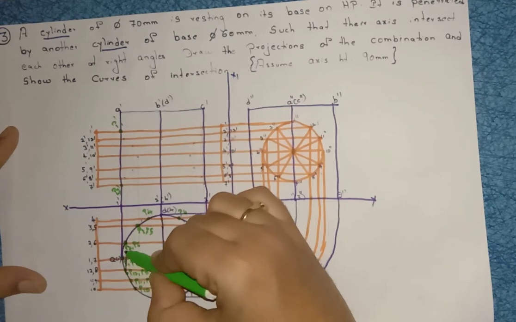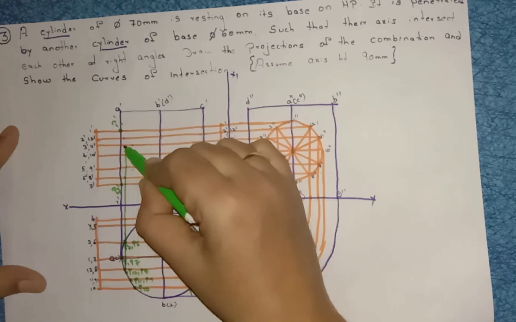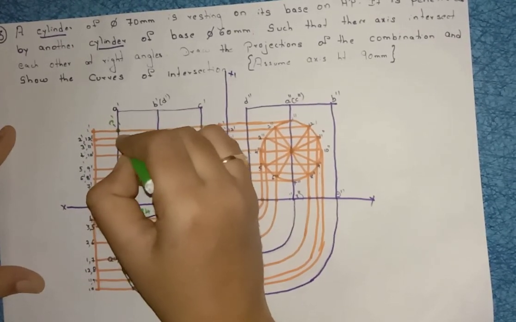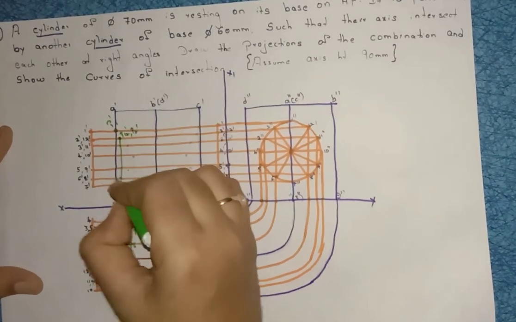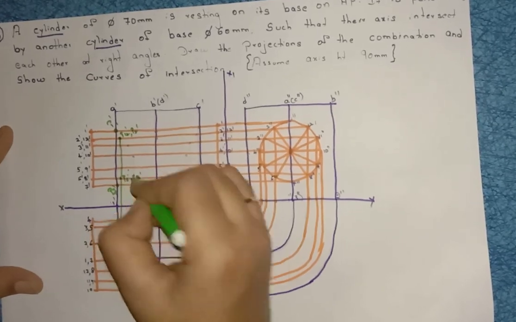If you draw a straight line, see the points 12, 2, 6, 8, write down the points here P12 dash, P2 dash, and here P6 dash, P8 dash, right?